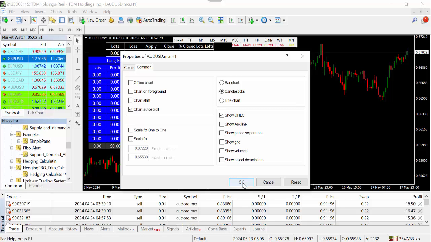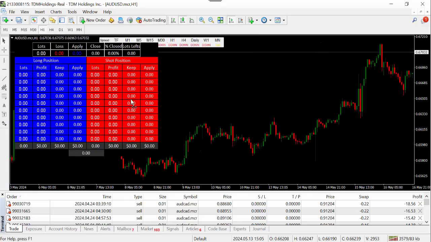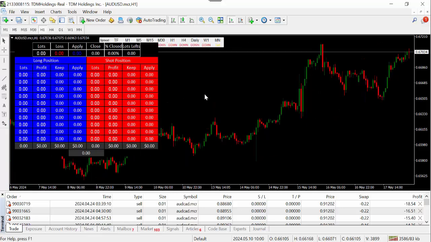Then we say okay. You can see now that our calculator is in front while the candles are at the back. So everything looks clean. We want a very big screen so that we can watch whatever we want properly.